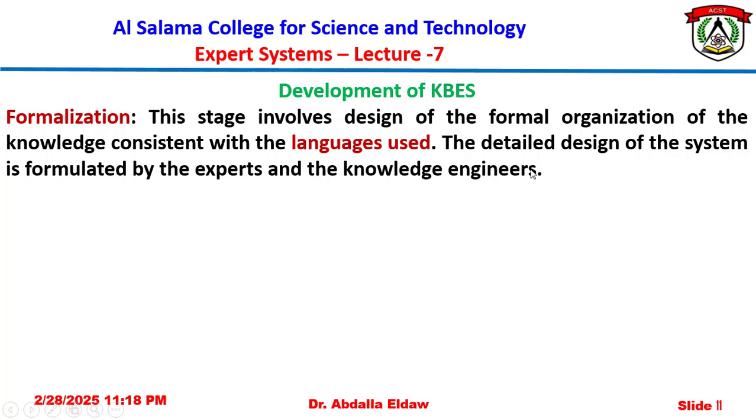This detail can be done by experts or by engineers. We said in previous lectures that the main people or the main humans who work in expert systems are experts, engineers, programmers, and users. But in this stage, we depend on experts and engineers.